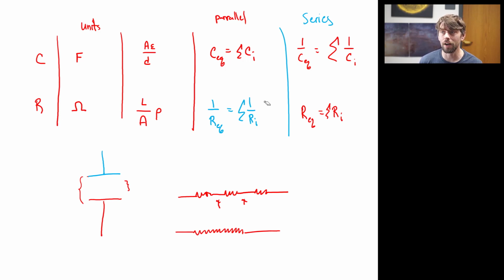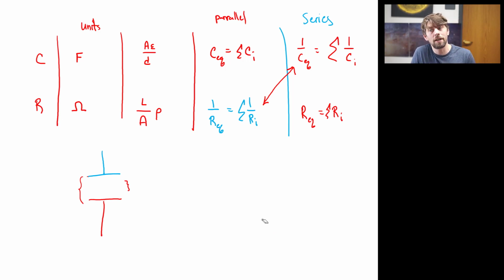Yeah, and you see now why we have to be careful: the equation that tells us how to combine resistors in parallel looks the same as the equation that tells us how to combine capacitors in series.